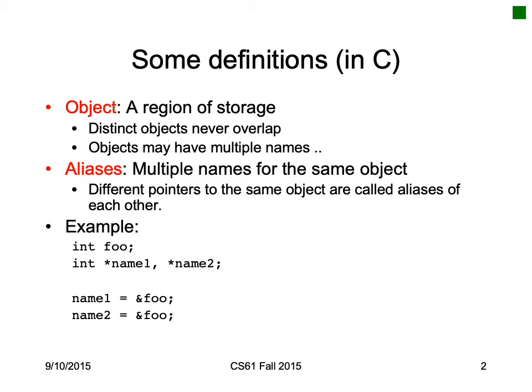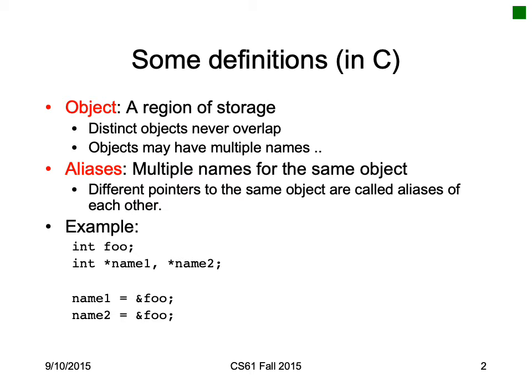So how do you get aliases? That's where pointers come in, right? I can create an infinite number of pointers, all of which reference the same memory. And all of a sudden, all those pointers are different names for the same object. So in the example here, we have one integer that we've allocated called foo, but I have two different pointers that are both pointers to integers.